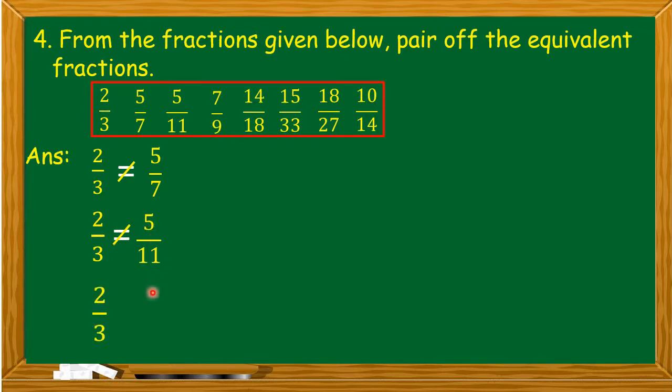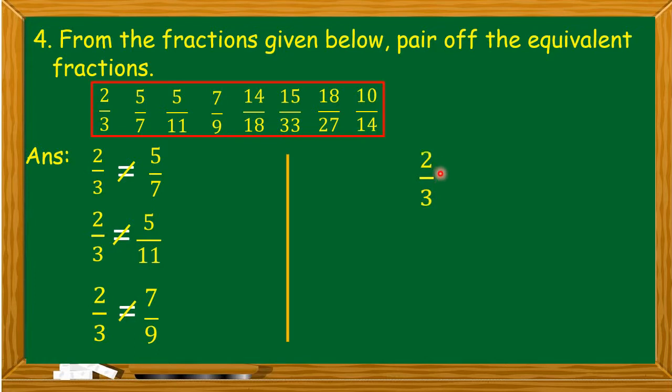Let us compare the first fraction with the next, that is 7 upon 9. Look at the numerators. Here also 7 is not the multiple of 2. Hence, 2 upon 3 and 7 upon 9 are not the equivalent fractions.